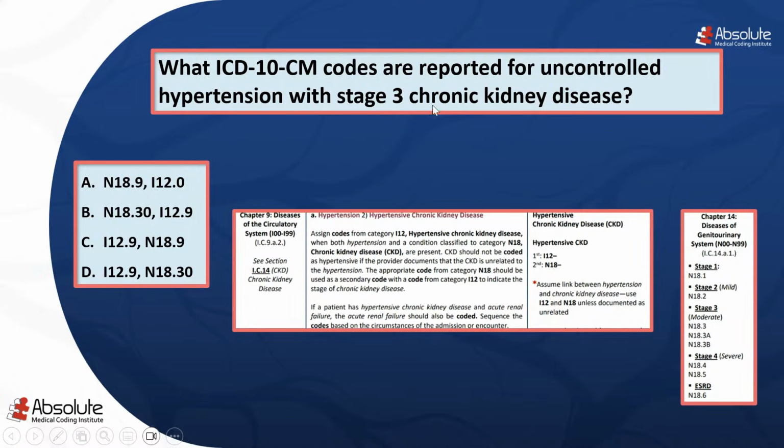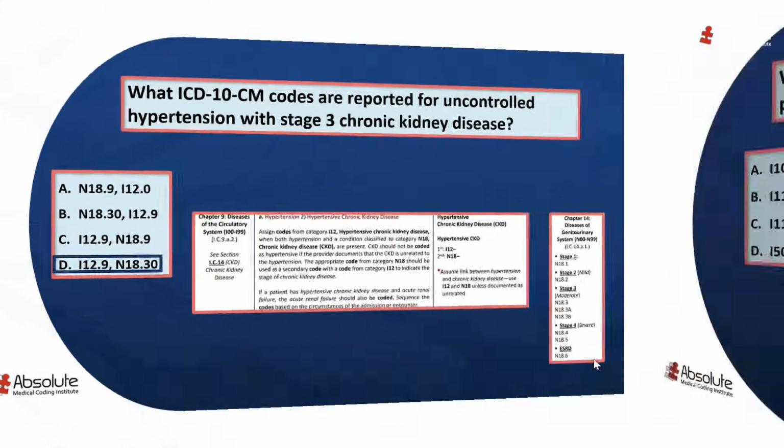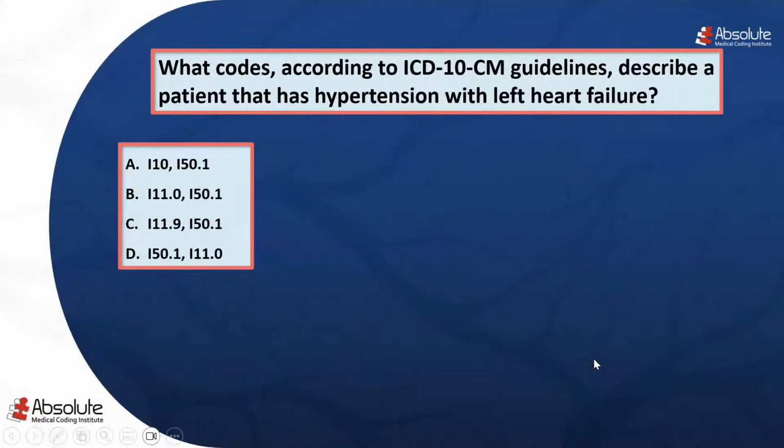Since right here it says we're coding for stage 3 chronic kidney disease, this is the code that we are going to be using in this section. And so that makes our answer D, I12.9, N18.30. Accounting for the N18.3, you look down there, and that is what you're going to get. Everyone got that one right?